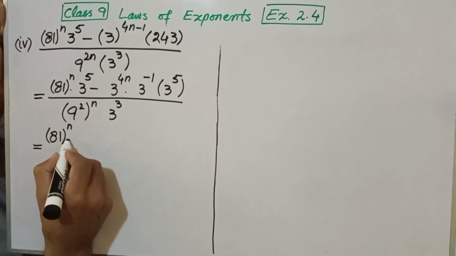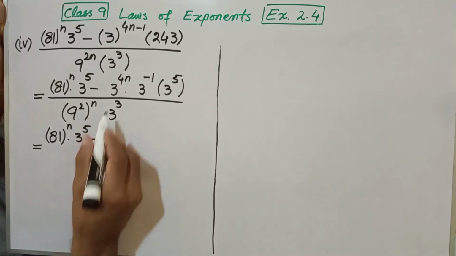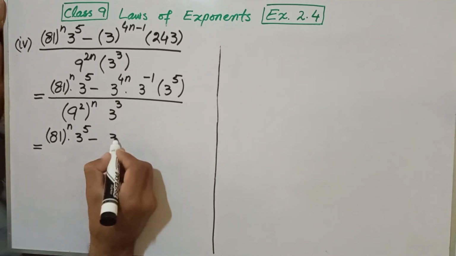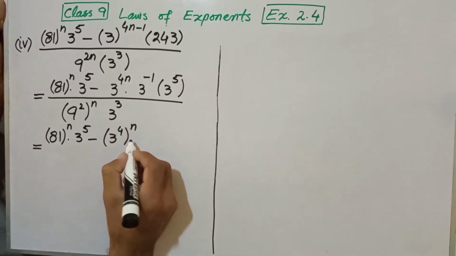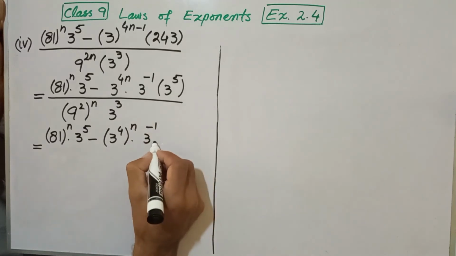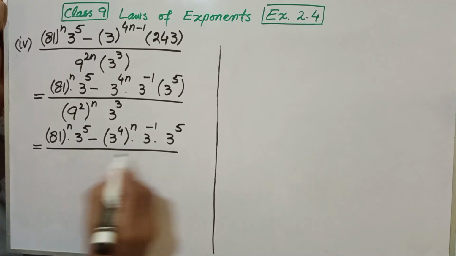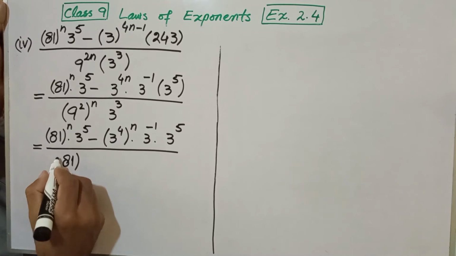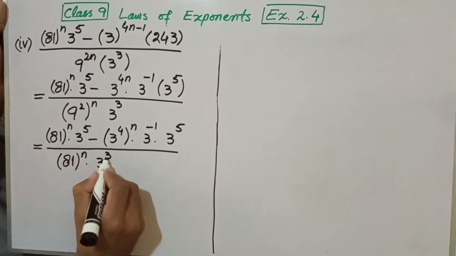81 power n into 3 power 5 minus 3 power 4n can be written as 3 power 4 whole power n into 3 power negative 1 into 3 power 5, divided by 9 square, is 81 power n into 3 cube.